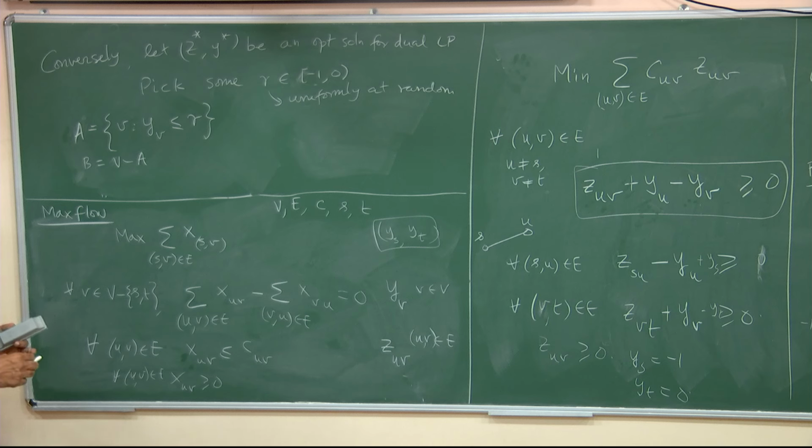Let's understand the expected capacity of the cut. If I pick an edge UV, what is the probability that it is in the cut? Because remember, this is a randomized algorithm, doing a random process.